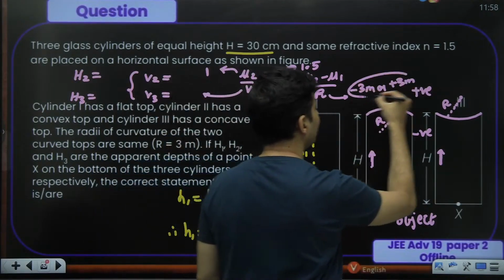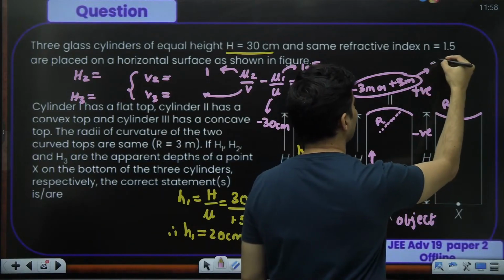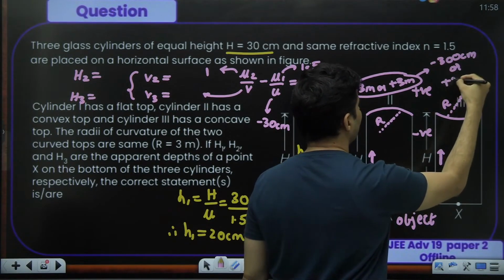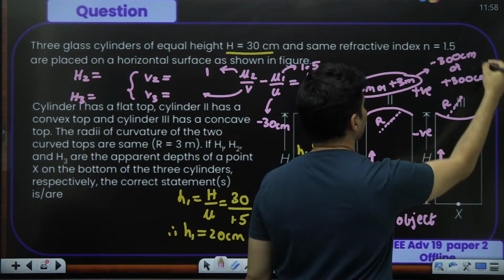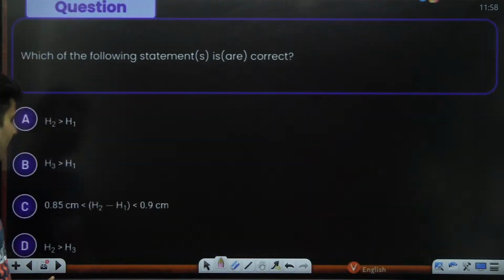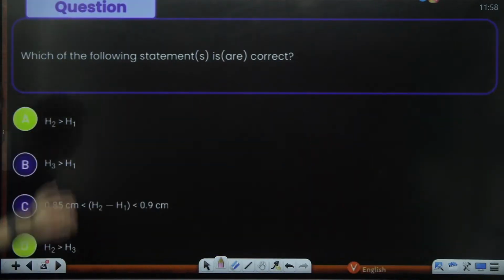Minus 300 centimeters. Last time it will be plus 300 centimeters. That is what you will have to convert it into. That's it. You will get two images, and accordingly you will be able to mark the correct answers.